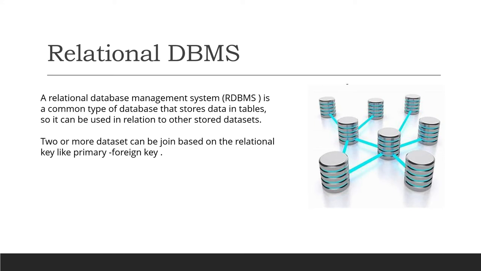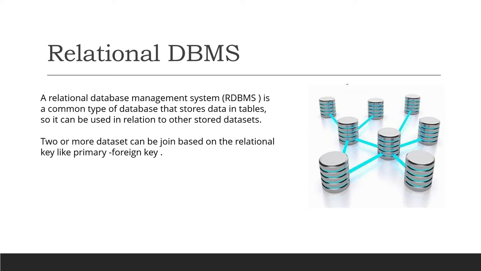And one of the biggest advantages of RDBMS is that it stores data in the form of tables. In DBMS, data was stored in the form of files, like a .db file. But in RDBMS, it is stored in a table. So it is very easy to write a query to retrieve data and update data much faster. It also handles a large amount of data, right?